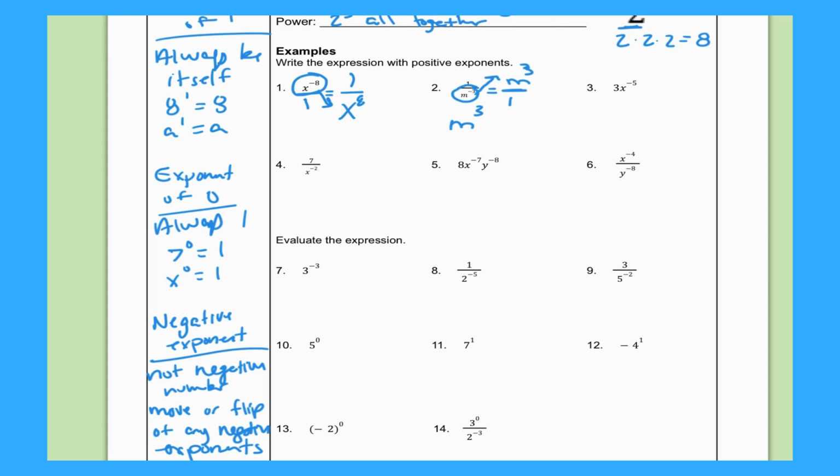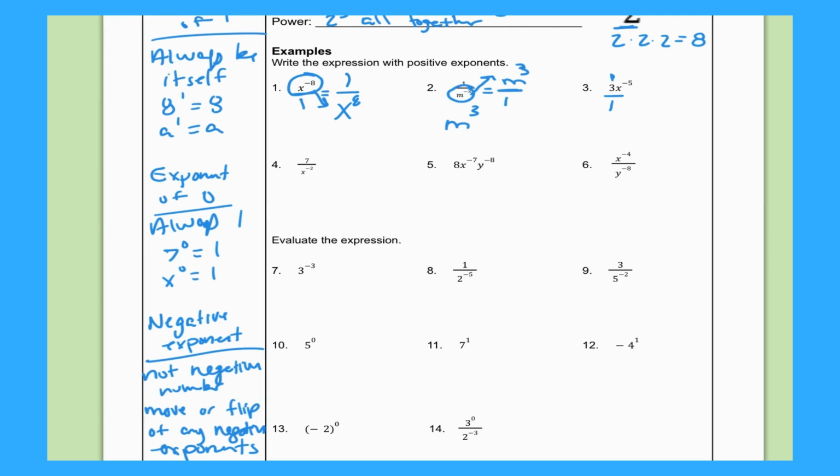On number 3, any number like this 3 that does not have an exponent technically does. It's a hidden exponent of 1. So that 3 is really 3 to the first power. And because I have a negative exponent, I want to make it a fraction. The better you get at these, you might not need to always make the fraction like that.